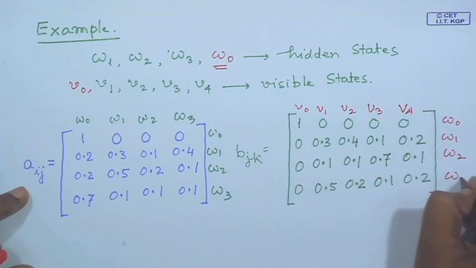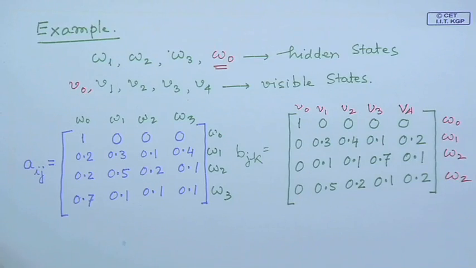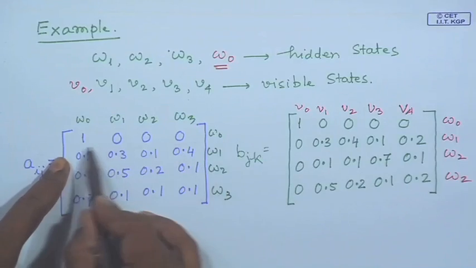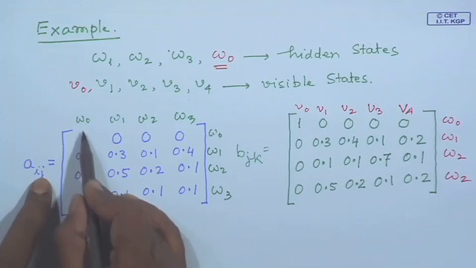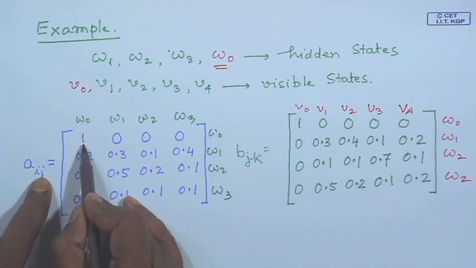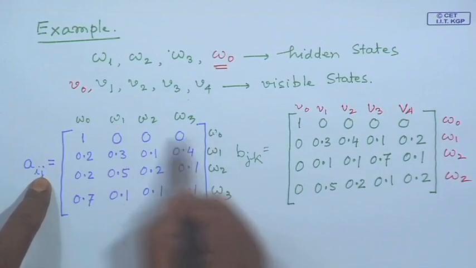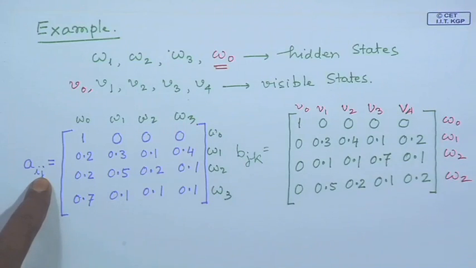and omega 3. So, as we said earlier, once the machine enters the final state omega 0, it remains in omega 0 only, it cannot come out of omega 0. So, here you find that once it is in omega 0, A00 is equal to 1, but A01 is 0, A02 is 0, A03 is 0.